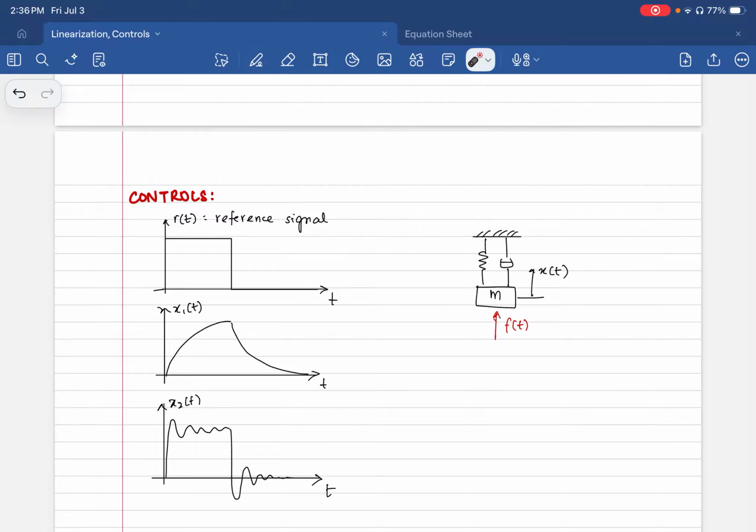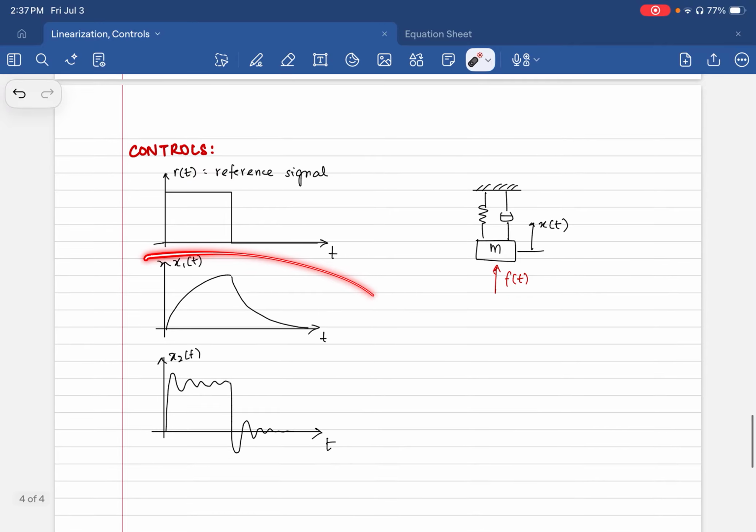So if you apply your force to be the exact same thing as your reference signal, then of course your system is going to move towards a new equilibrium, but then you take out that force and it comes back to its equilibrium position. It's the case if C and K are such that the system is critically or overdamped. This is the case if C and K are such that your system is underdamped.